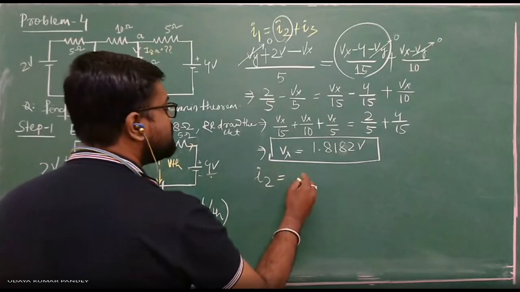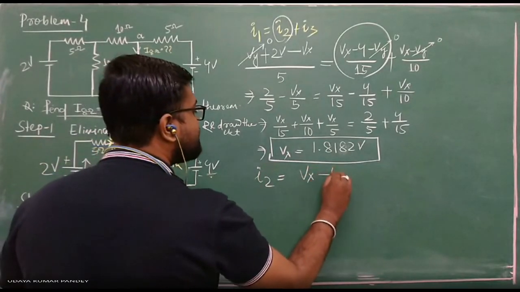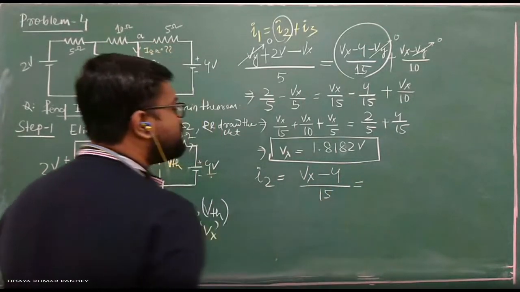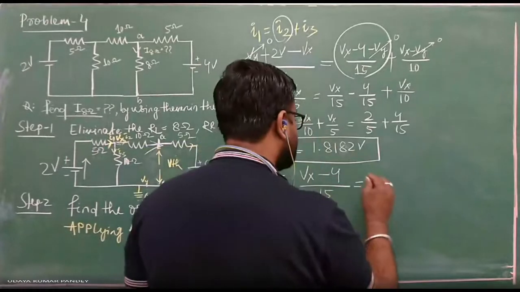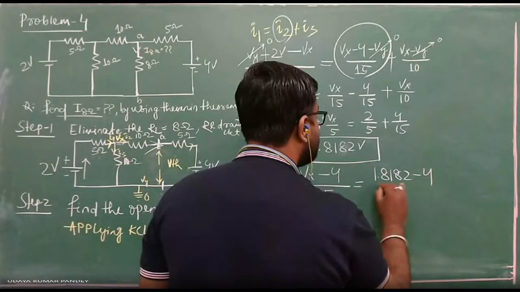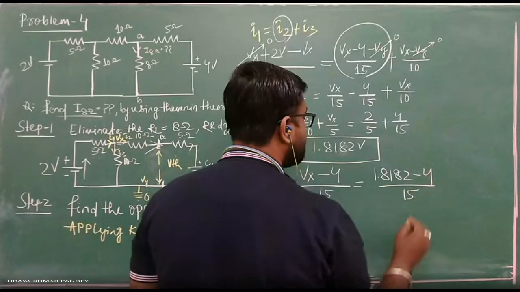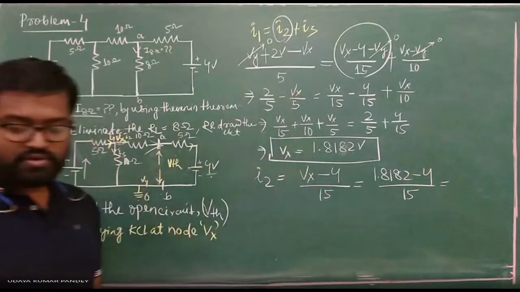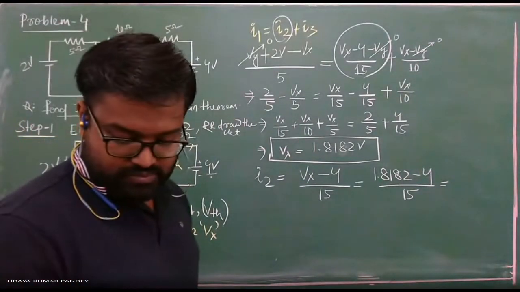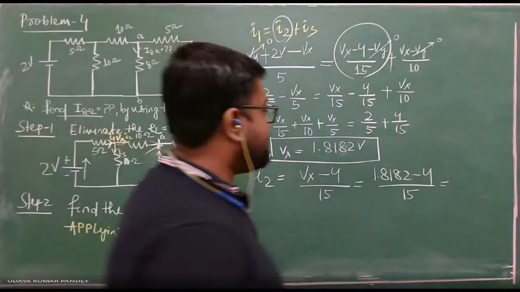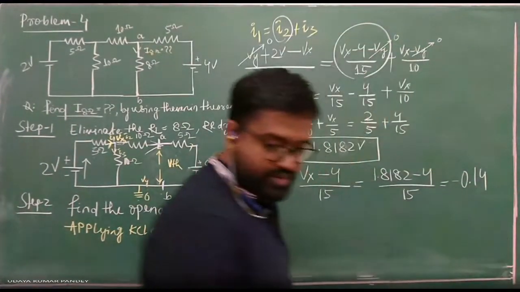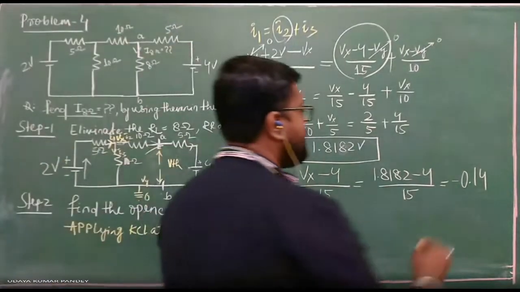I2 is equal to Vx minus 4 divided by 15, that is equal to 1.8182 minus 4 divided by 15. What is the value? That will come minus 0.1455 ampere.